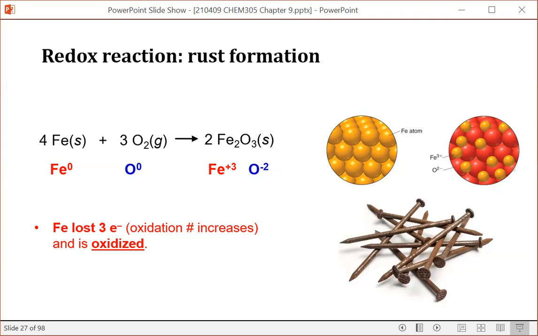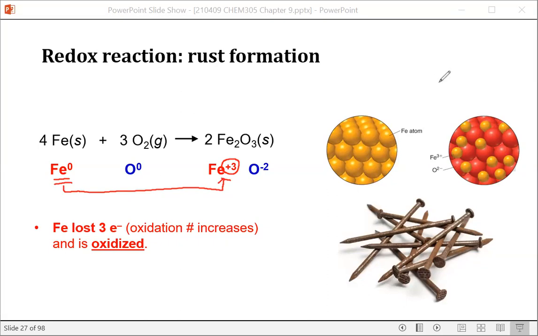So iron again went from an oxidation number of 0 to an oxidation number of +3. So that means it lost 3 electrons. It lost 3 negative charges. So its charge went up because it was losing negative charge. And so we call that oxidized.